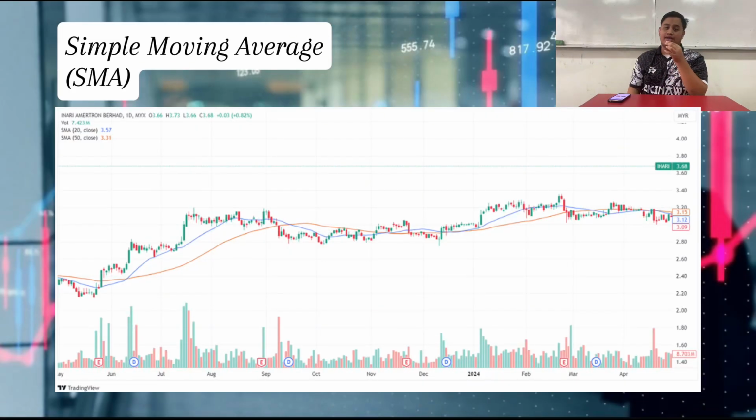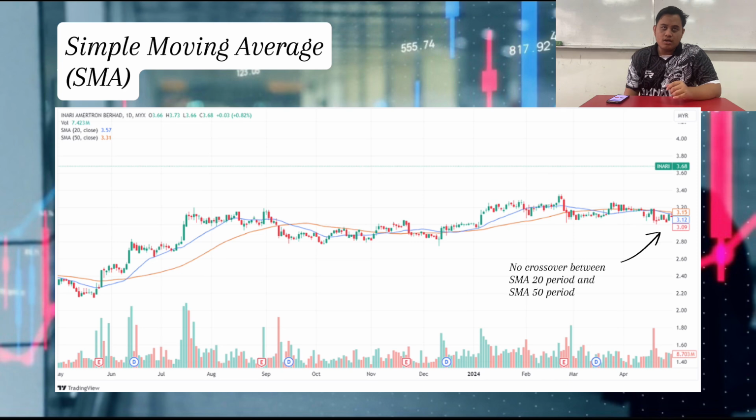For Inari stock, based on the 30 April 2024 data, it is showing a hold signal because there is no crossover between the lower period and higher period SMA.